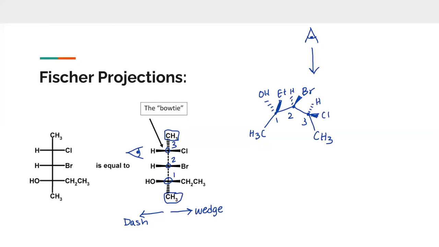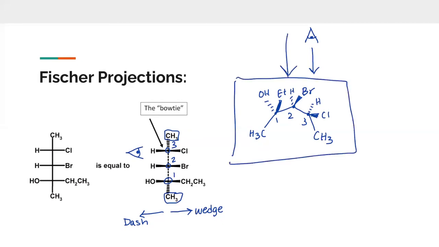Hopefully you can convince yourself that if you look at this molecule from this vertical view, what you're going to see is this Fischer projection. So I'll leave you to think about that on your own.